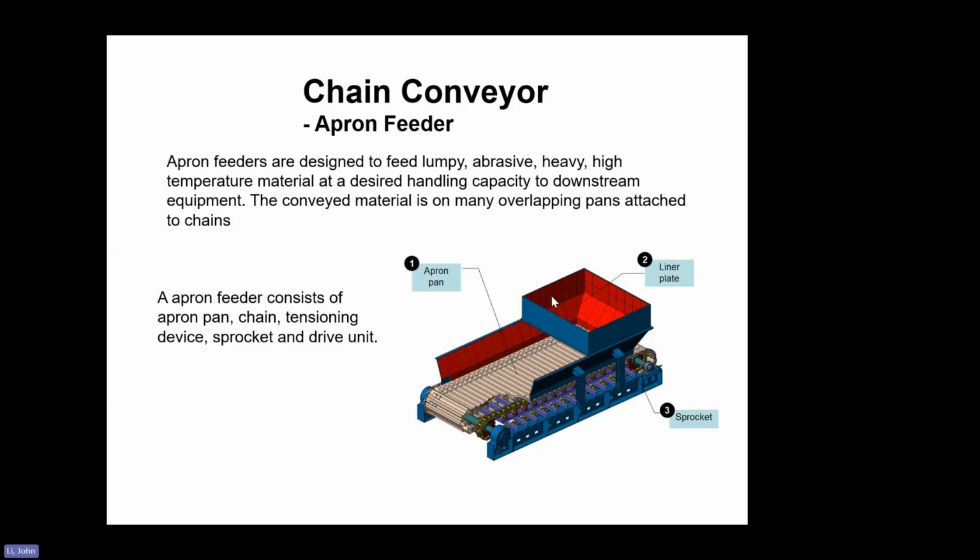Usually it can meter that discharge rate because it is really slow speed. And the conveyed material is on mainly overlapped pans attached to the chains.